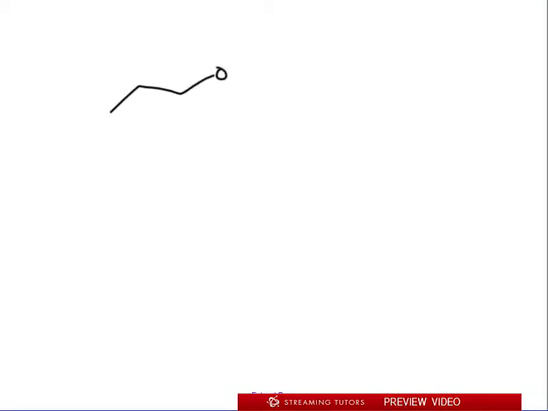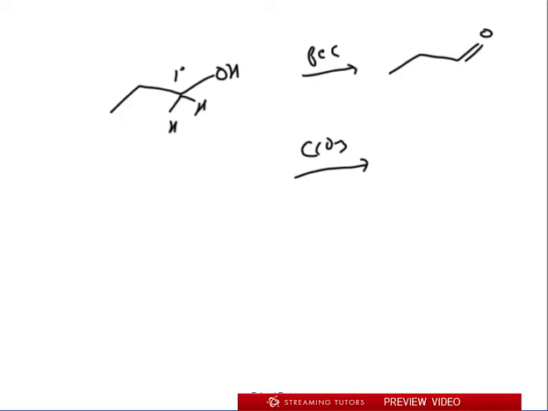So if I have an alcohol like this and it has two H's, it's primary. If I write PCC, it becomes double bond O. But if I write CrO3 or some other chromium or KMnO4, that's hot. If I do that, then because it has two H's, it doesn't just become double bond O. It actually becomes double bond O, OH. See the difference?